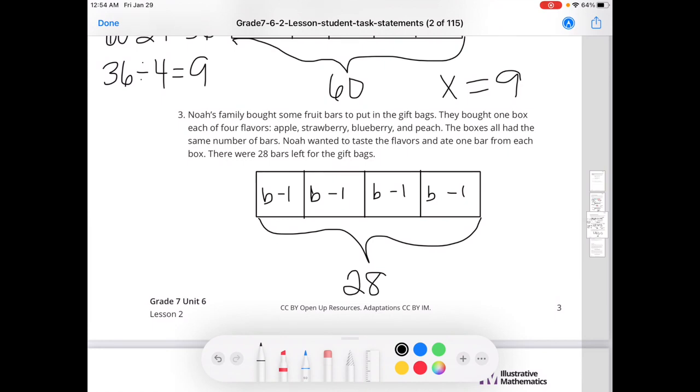Again, 4 rectangles that are all the same size and represented by the same labels. So 28 divided by 4, which is 7. So that means each of these rectangles represents 7 bars.